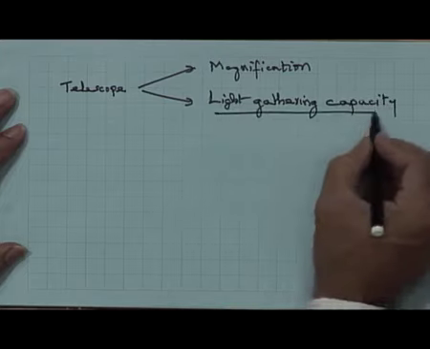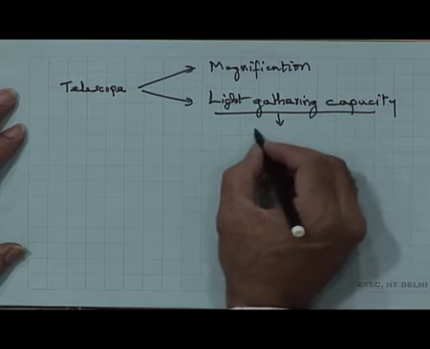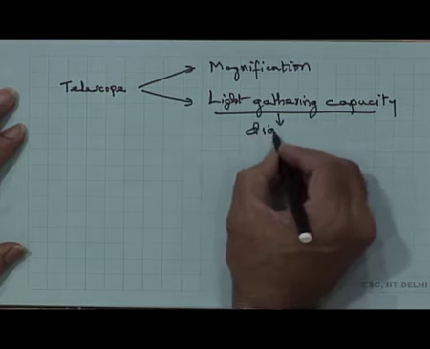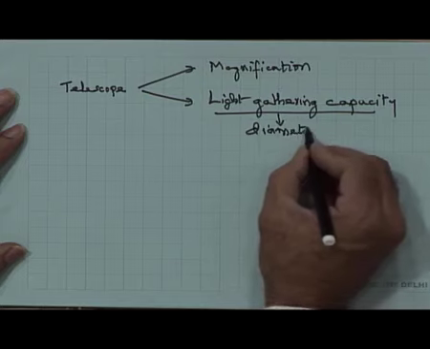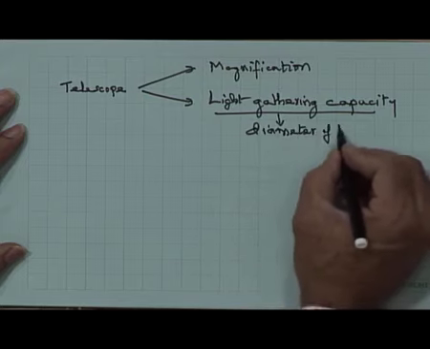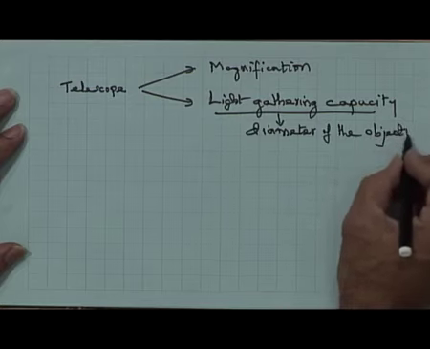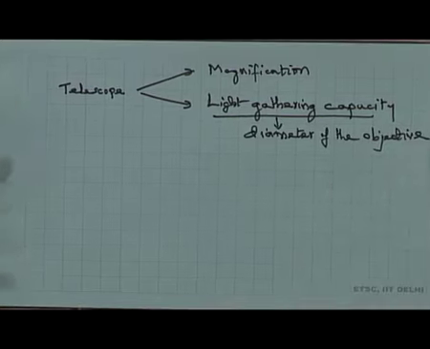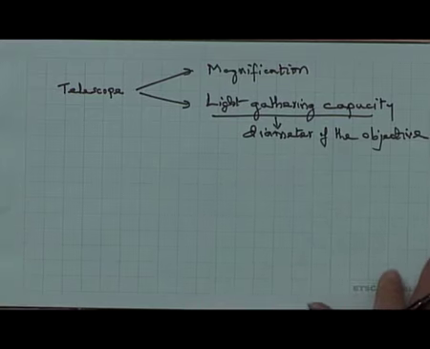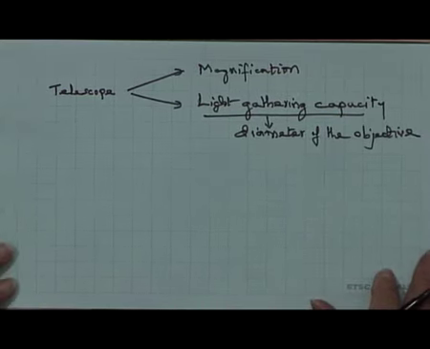So, this will depend on the size or the diameter of the objective. Larger the diameter, larger will be the amount of light which enters the objective in forming the image.